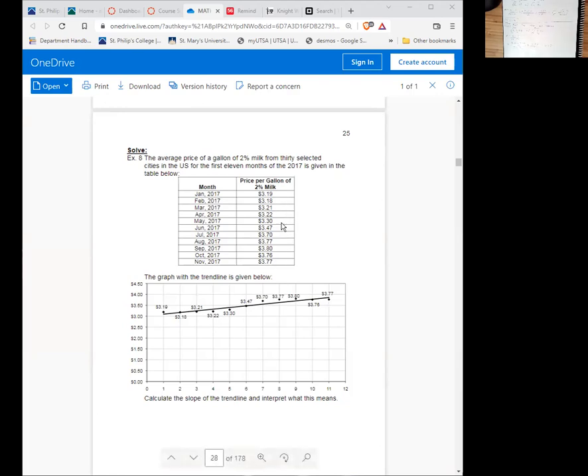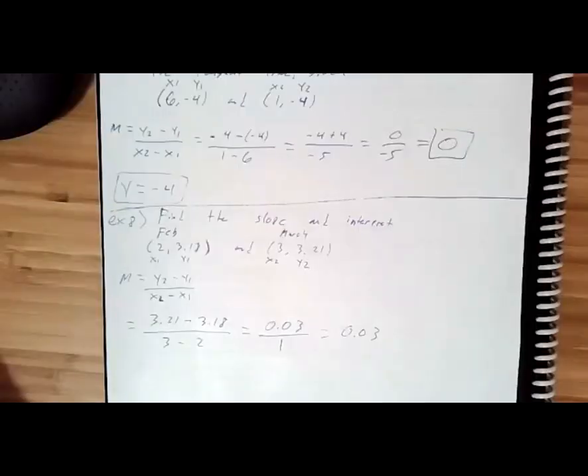It's 1. So it's shifting. But anyway, that's all they want you to do is pick 2 points, find the slope, and understand what it means. It's positive, therefore prices are going up on milk in this example. Any question on number 8?